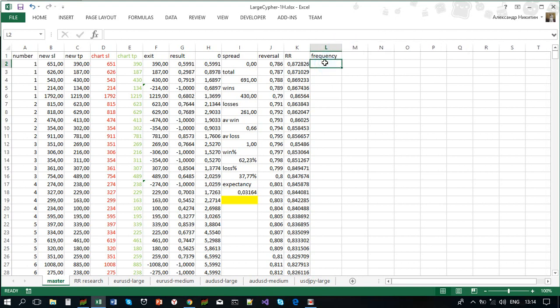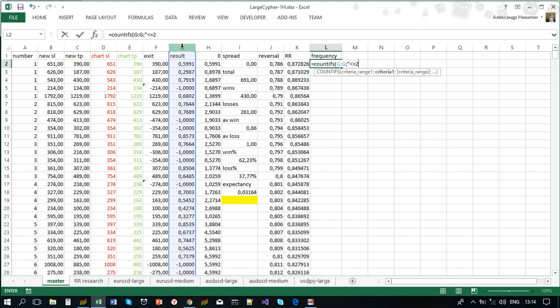The next cell will have that formula. It equals COUNTIFS, and within this range where I have my risk to reward, I need the first criteria. It should be less or equals to, sorry, less or equals to.